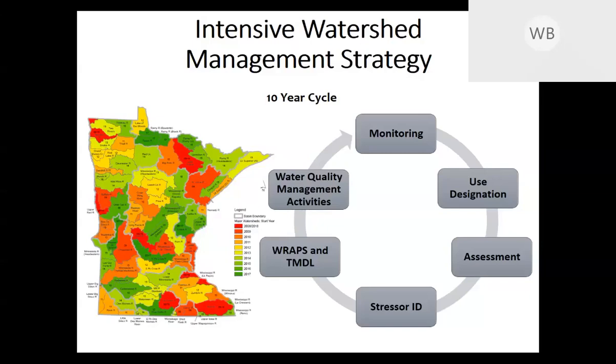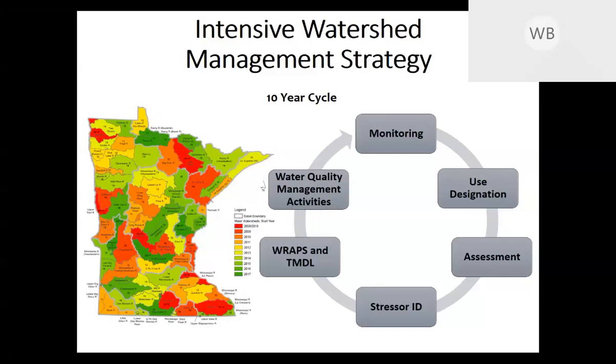And we also review classification. Is it a cold water or warm water stream? Because getting the designation right determines the outcomes of the assessment. And that then impacts all the steps that follow afterwards, including the stressor identification, the TMDL, and those watershed restoration and protection strategy studies.